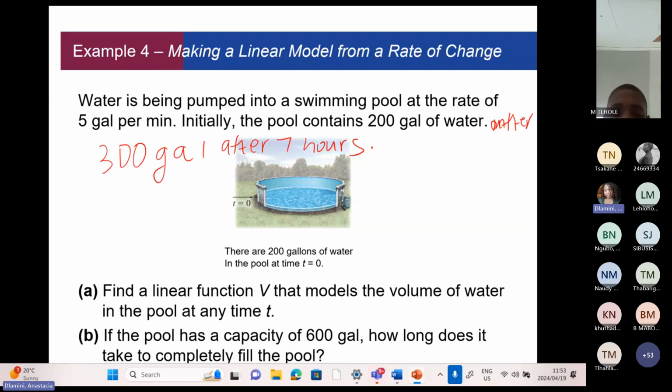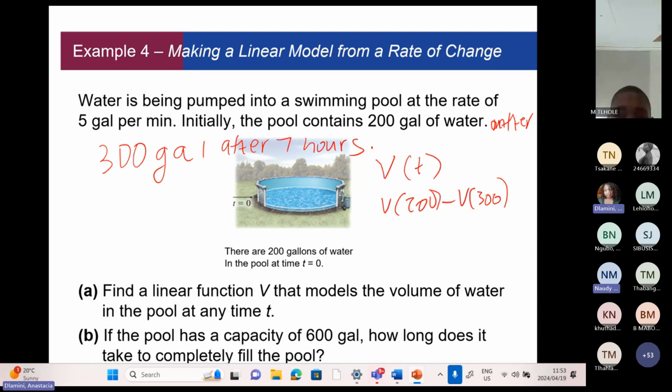And the other thing, even if the rate was not given at 5 gallons per minute, where are you going to substitute these gallons? Because you do not know your V of T such that you can have V of 200 minus V of 300. Does it make sense? Yes.